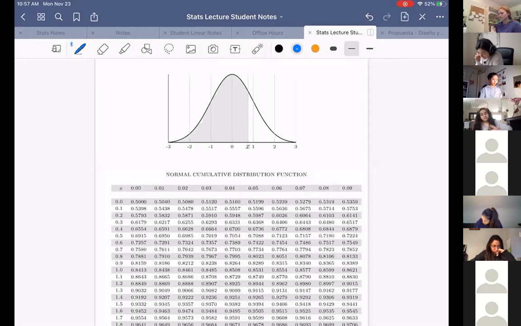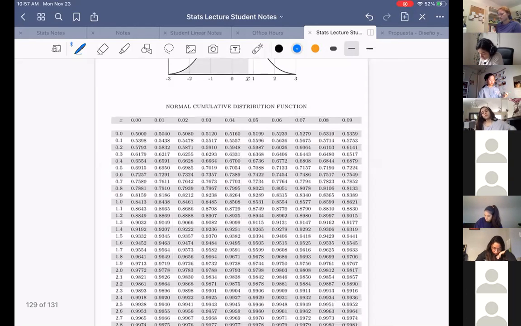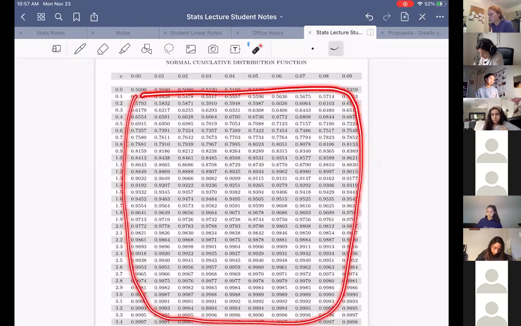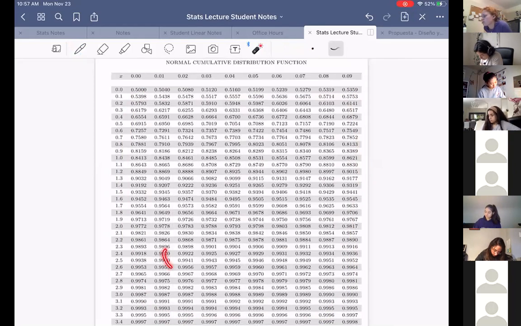Okay. So if this is what I'm looking for, then I'm going to scan my table. Remember, we're looking for the area to be equal to 0.995. So it's exactly between 0.9949 and 0.9951, which means I'm going to look at the value that's exactly here.